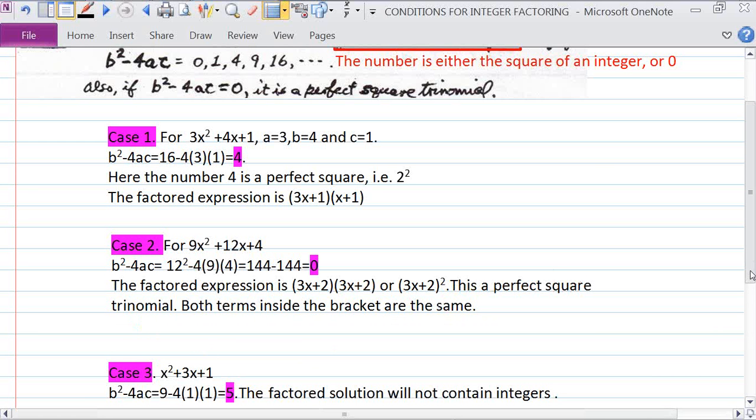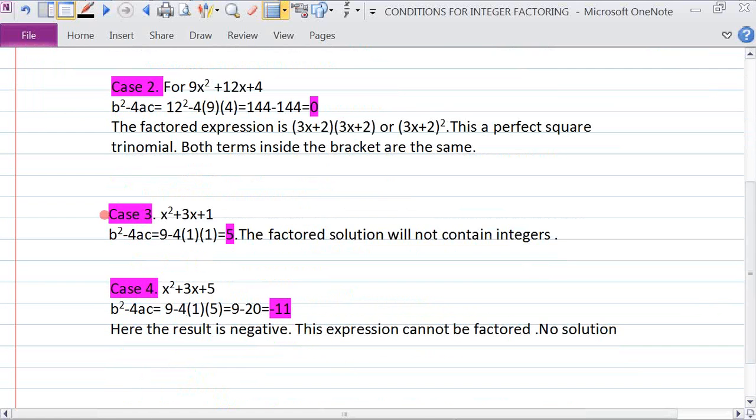So, here, case 3, b squared minus 4ac is 3 squared, because b is 3, minus 4, a is 1, and c is 1. So ac, 4 times 1, 1. 9 minus 4 is 5.